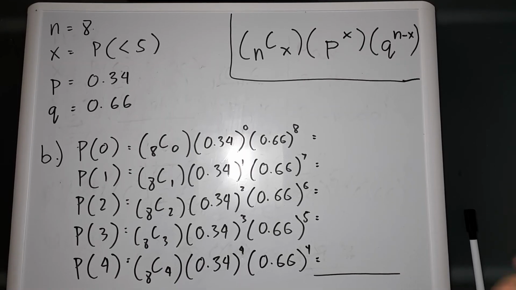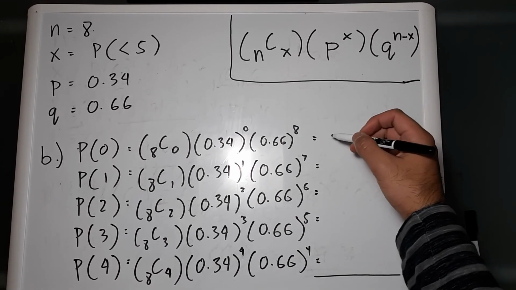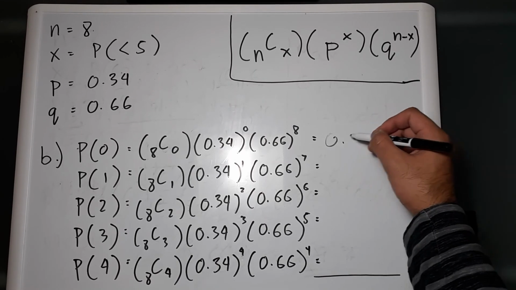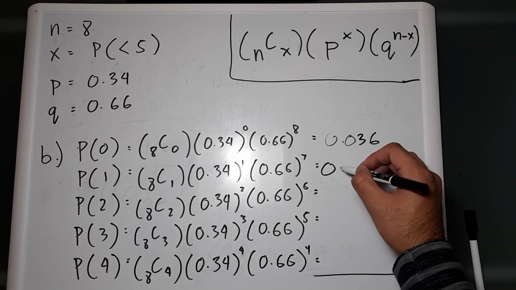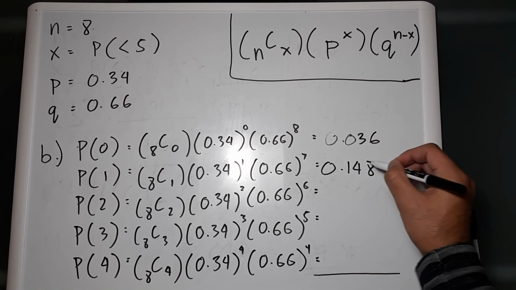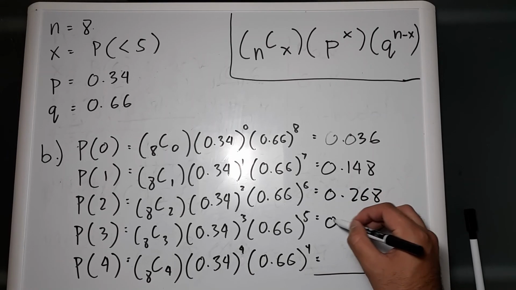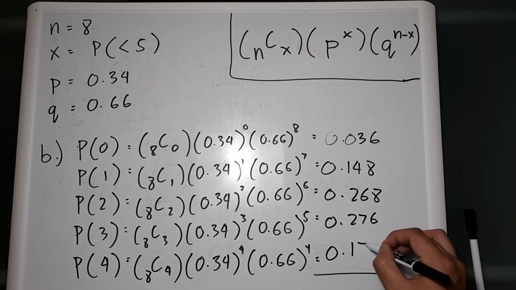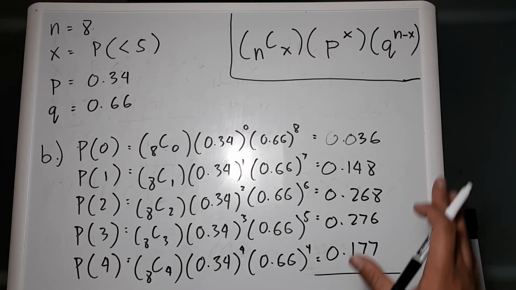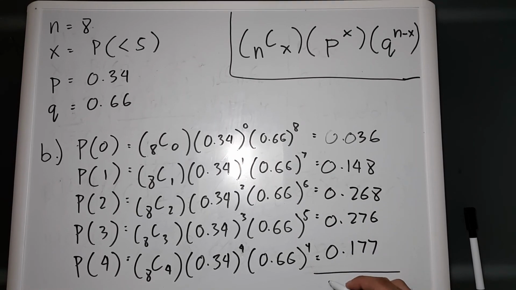Using the calculator, the answers that I got for each were 0.036, 0.148, 0.268, 0.276, and 0.177.